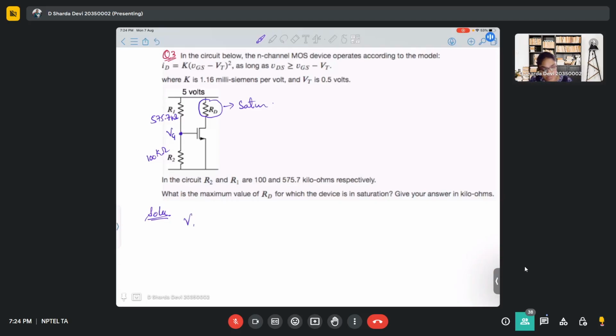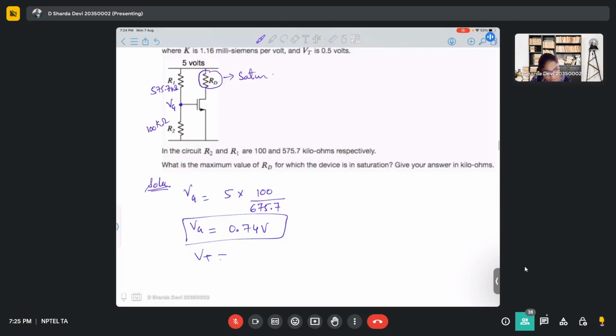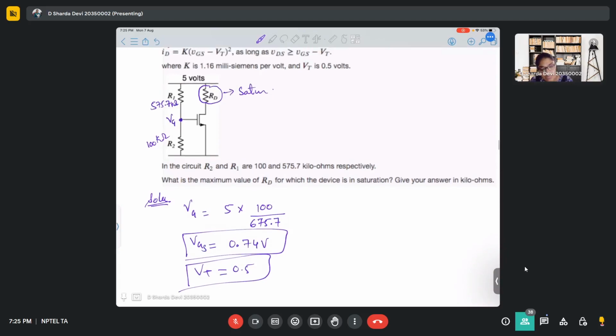So the value of VG that you will get is 0.74 volts. Now VT is already known, 0.5. So this VG is actually VGS, since there is nothing between your source and ground.